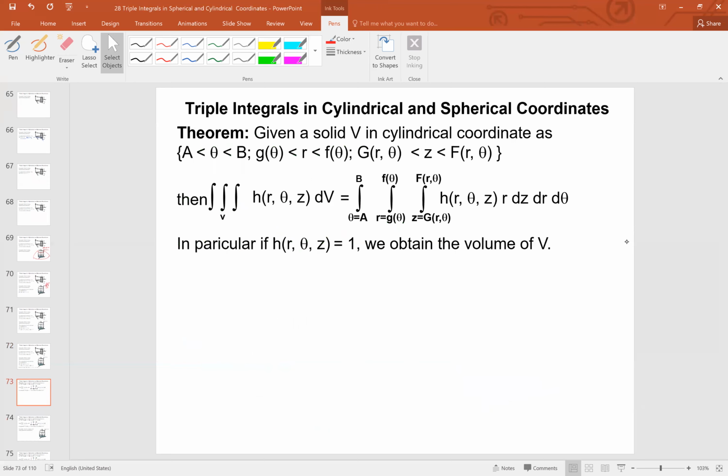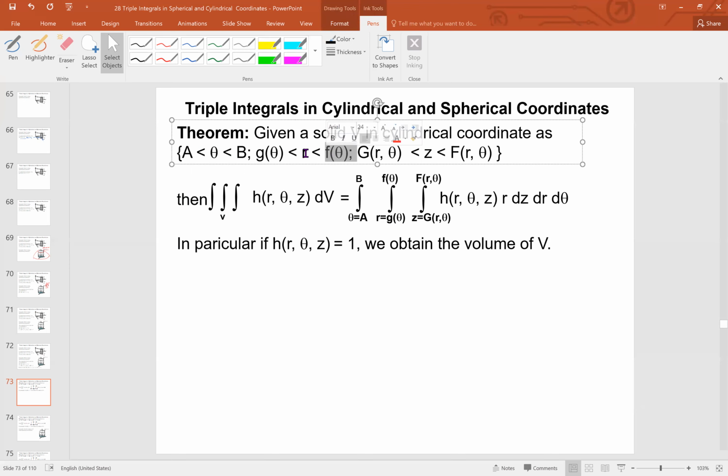Okay, so here's how we set up the triple integrals. If we have the descriptions in this r theta form, usually in the cylindrical form, it's easier. We start with the theta angle, then the r inside and outside, the boundary, the polar curve.